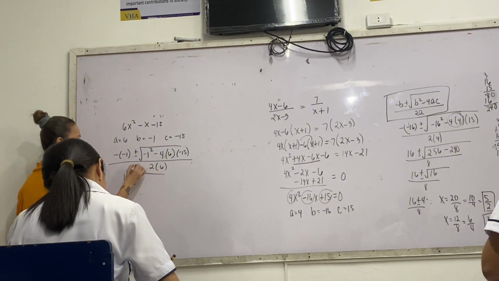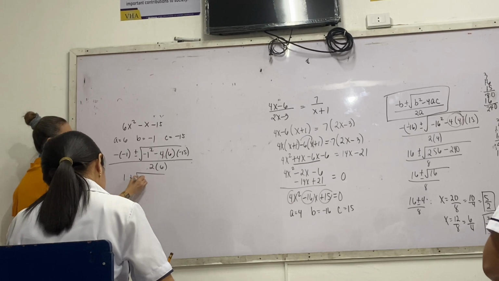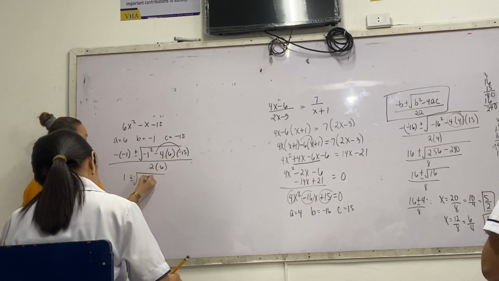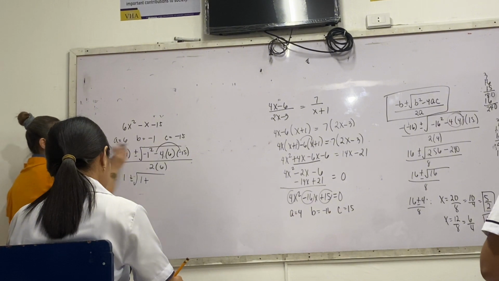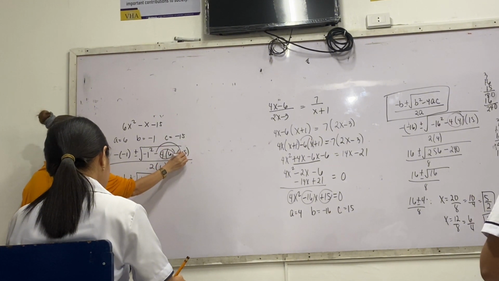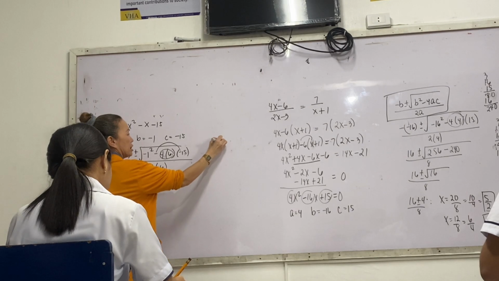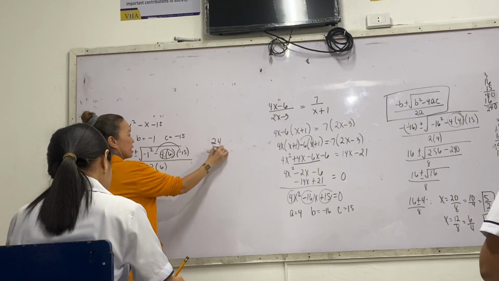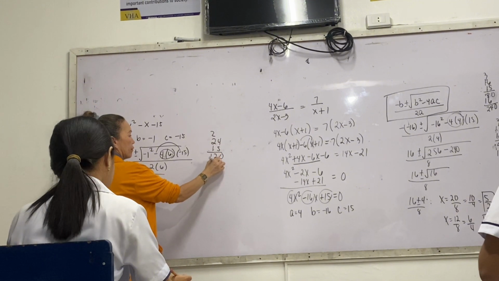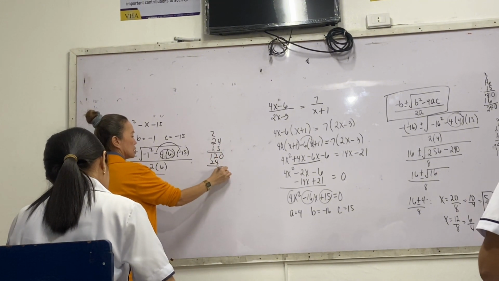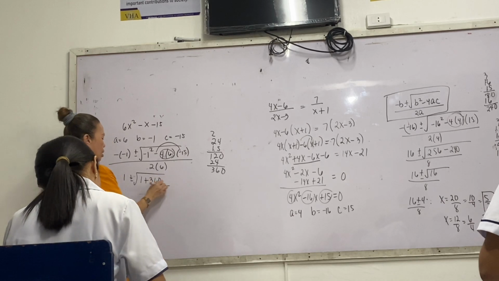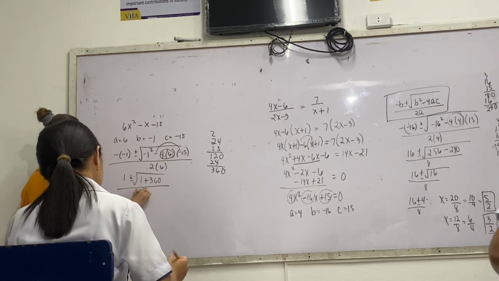What is negative 1 raised to 2? Positive 1. Negative times negative, positive. 4 times 6, 24. Times 15. So, 24 times 15, we have 360 over 12.